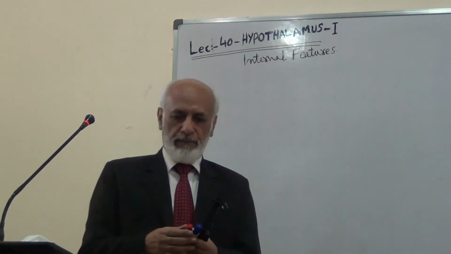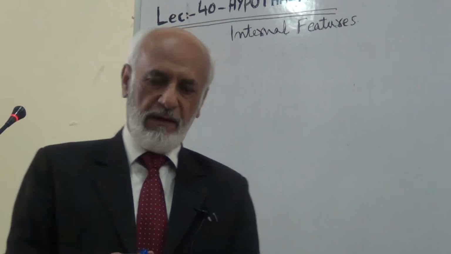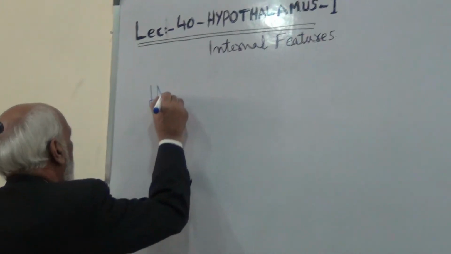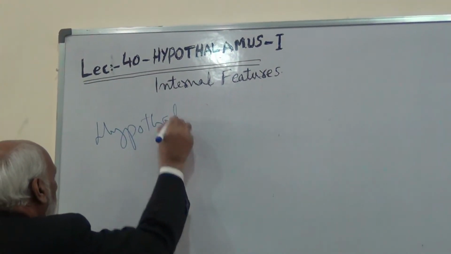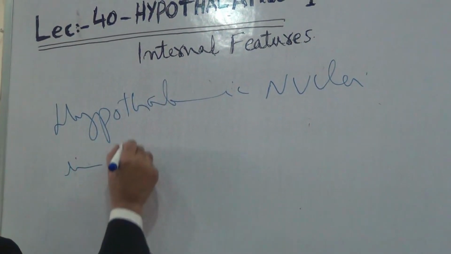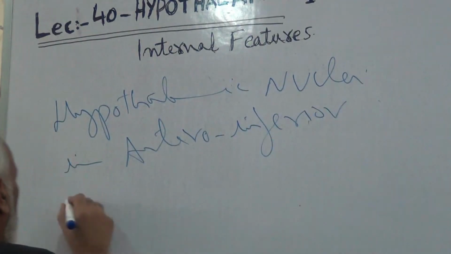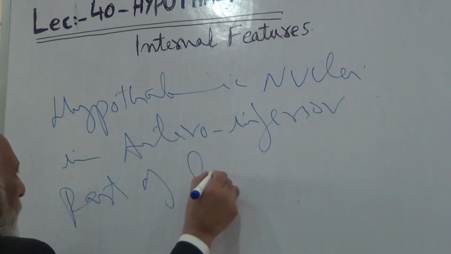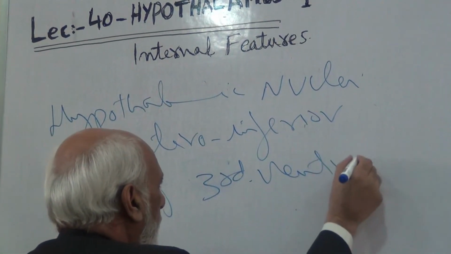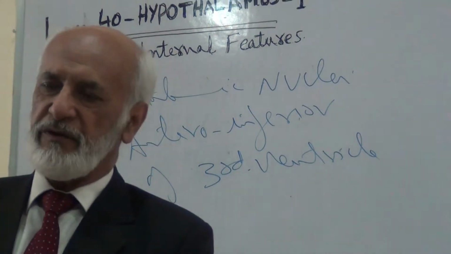Now the various hypothalamic nuclei in the antero-inferior part of the lateral wall of the third ventricle. So there are several hypothalamic nuclei in this region.